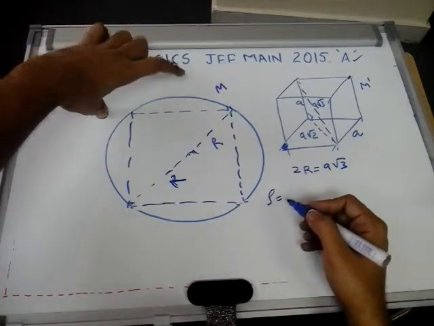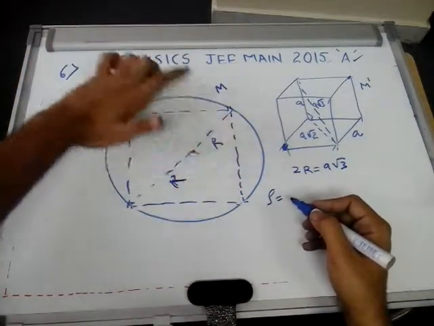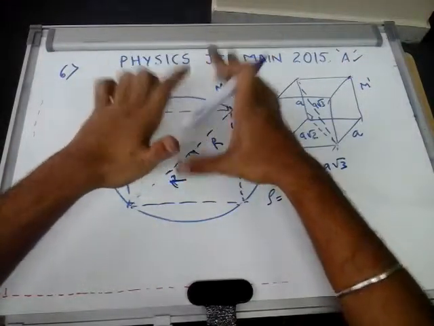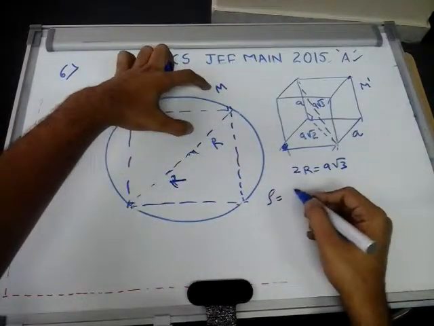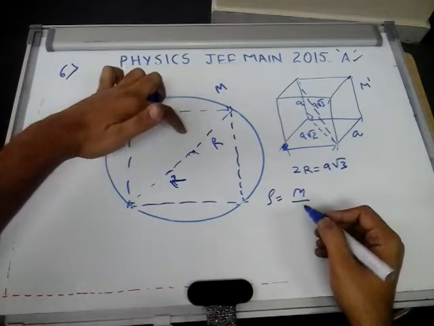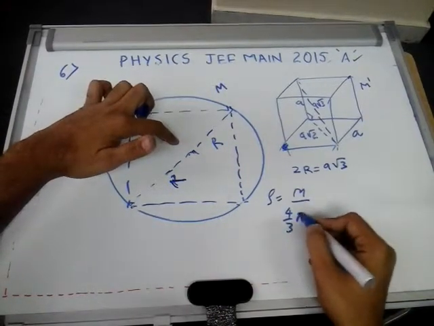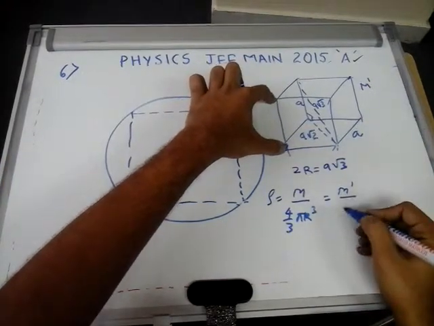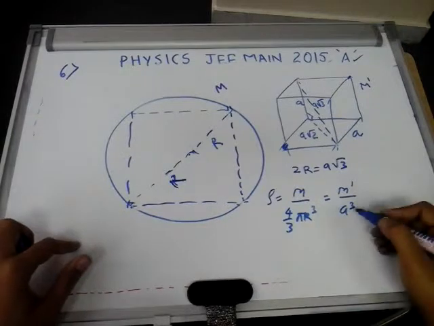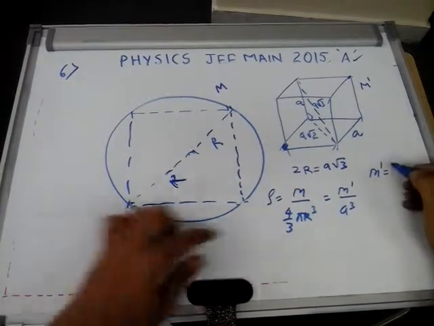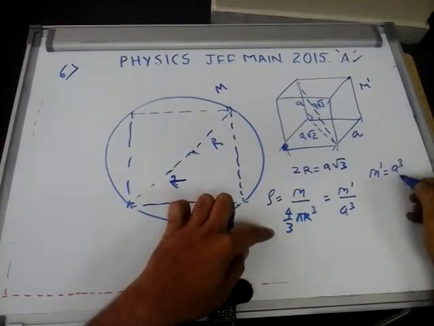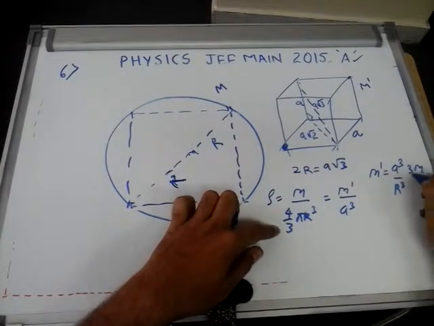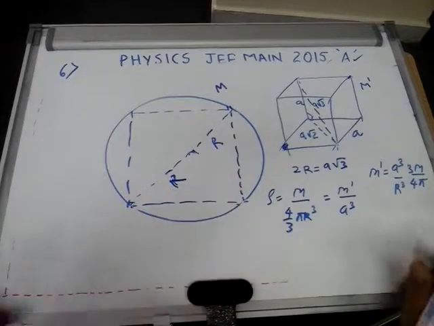So the density of the full solid sphere is rho equal to m upon 4 by 3 pi r cube, and for the cube, m dash is equal to a cube. So m dash is a cube by r cube into 3m upon 4 pi.